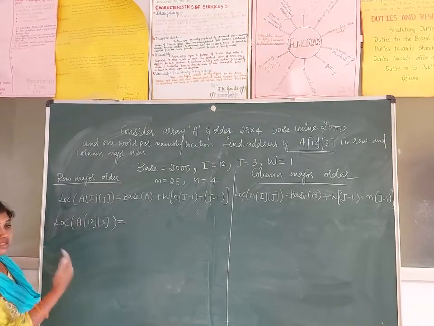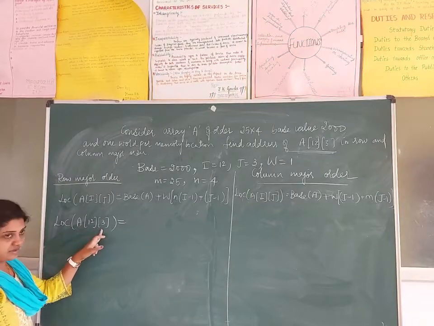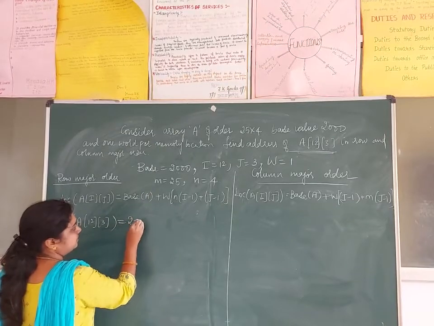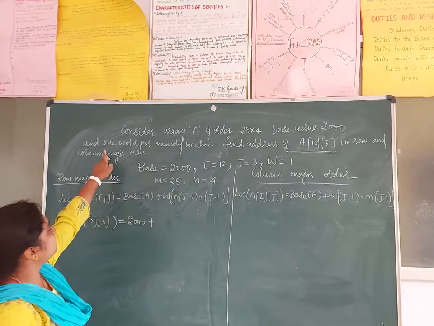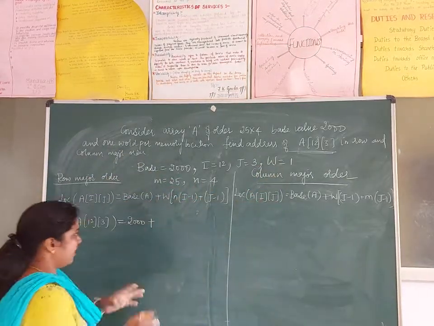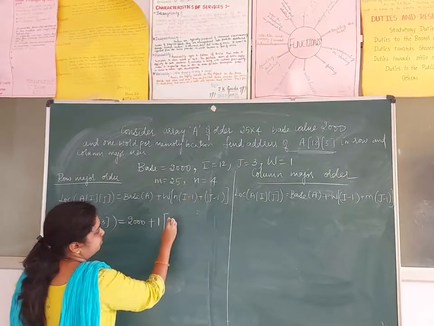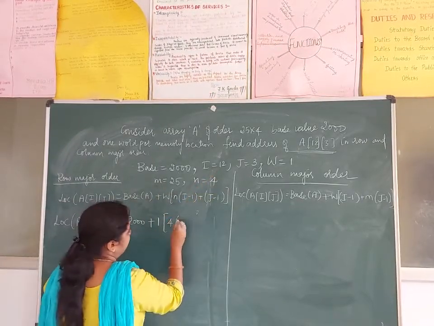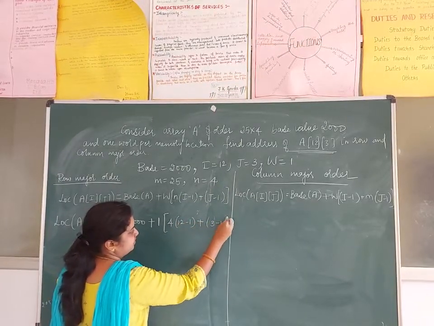So in the problem, you have to find the location of A of 12, 3. What is the base value they have given? 2000, plus the number of words stored in a memory cell, which is only one word, so the word count is 1. The n value is 4. The i value is 12, so 12 minus 1, plus the j value 3 minus 1.